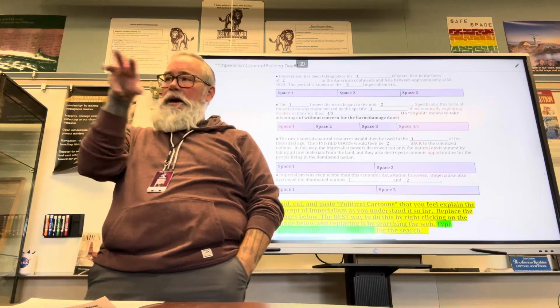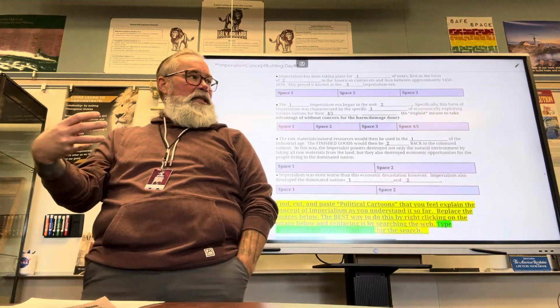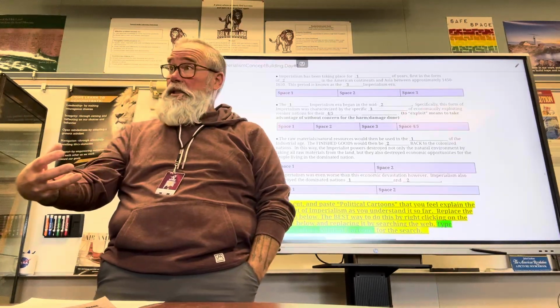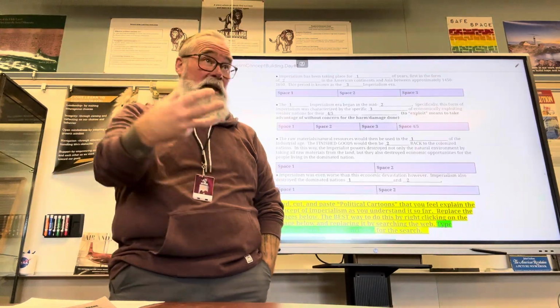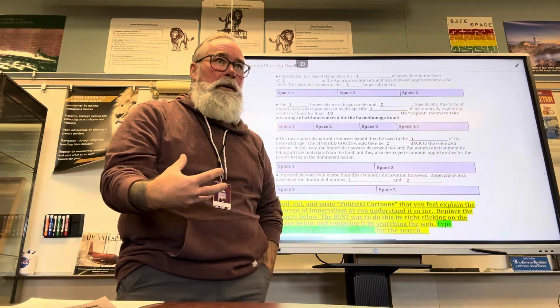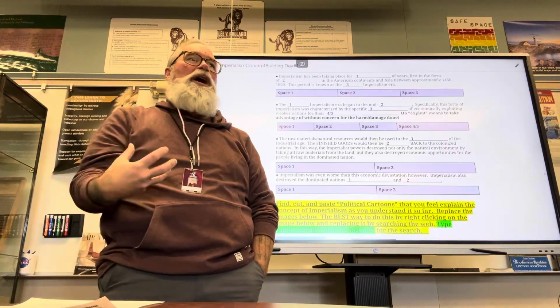Guys, when we're talking about taking over natural resources, we're talking about things like lumber. We're talking about things like coal, oil, gold, diamonds, rubber plants, rubber trees. Why? Because rubber is used to make tires, right? Understand, when we're talking about natural resources, that's the kind of thing we're talking about.